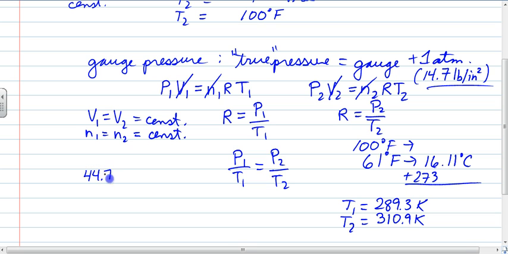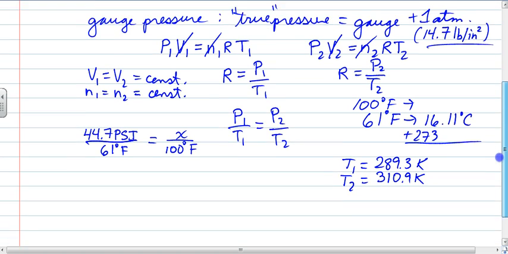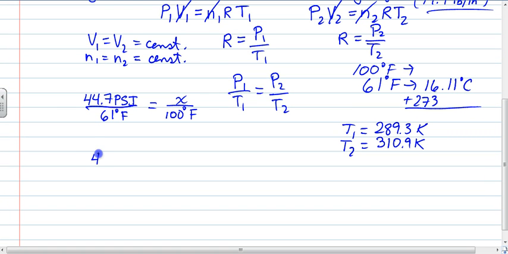So it's very important to make sure that the temperature is in Kelvin, because if we had, for example, 44.7 psi over 61 Fahrenheit is equal to X over 100 Fahrenheit, that's going to give us a very different answer than if we had 44.7 psi over 289.3 Kelvin is equal to X over 310.9 Kelvin. In other words, the ratio of 61 to 100 is way different than the ratio of 289 to 310.